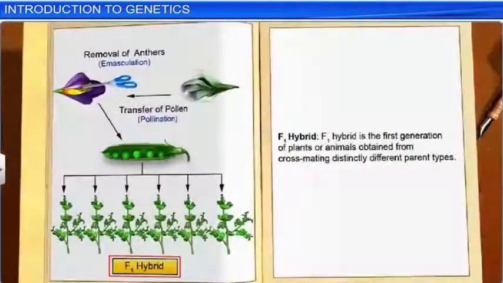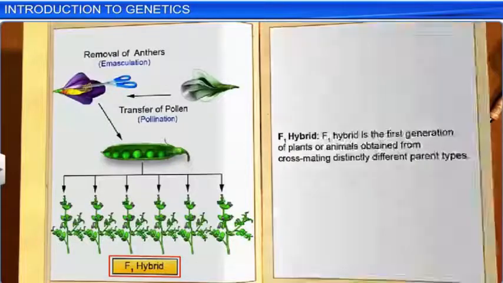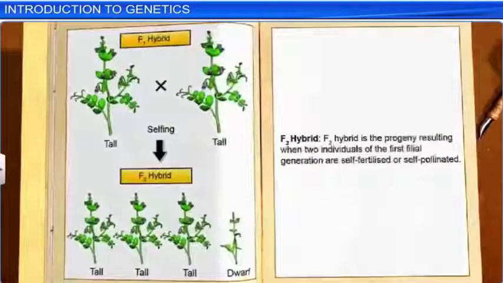F1 hybrid or first filial generation is the first generation of plants or animals obtained from cross-mating distinctly different parent types. When two individuals of the first filial generation are self-fertilized, the resulting progeny is called the second filial generation or F2 hybrid.